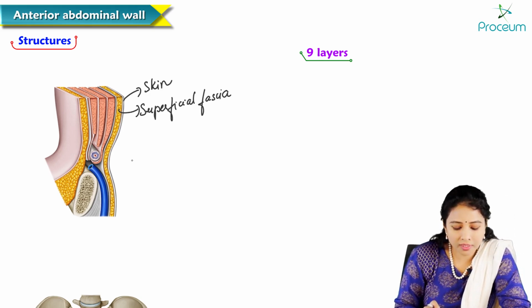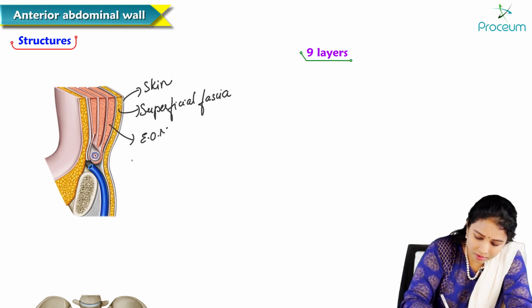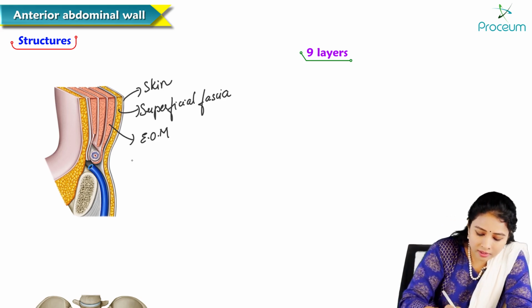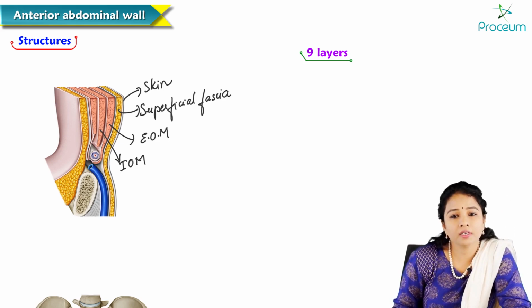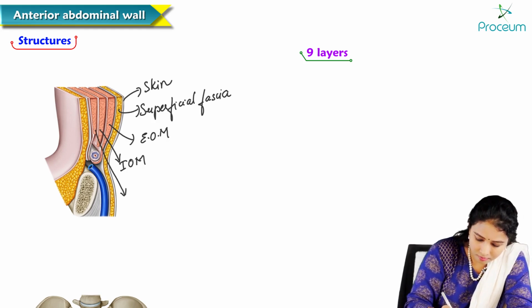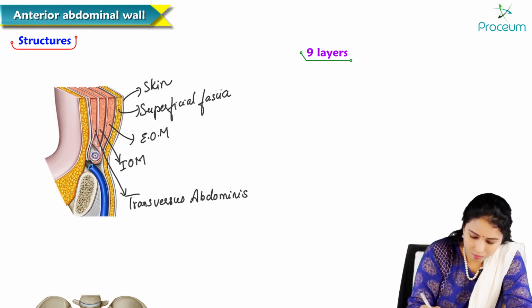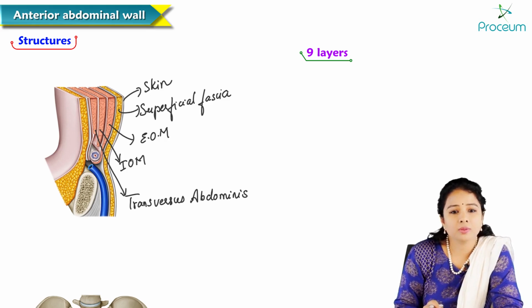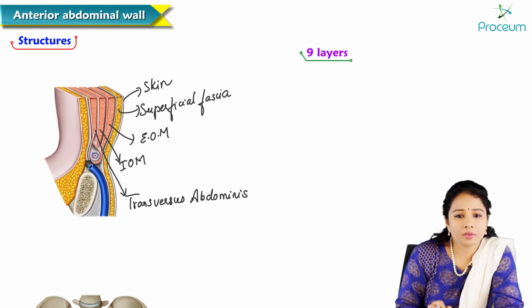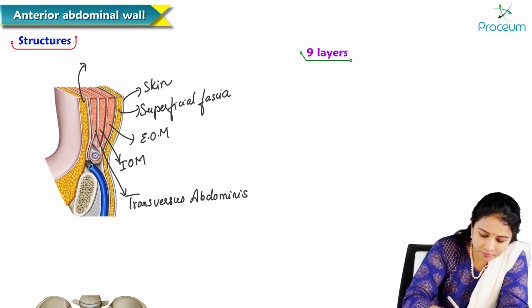And it is also formed by the external oblique muscle. Deep to external oblique muscle is internal oblique muscle. Deep to internal oblique muscle is the transversus abdominis muscle. And deep to the transversus abdominis muscle is periperitoneal adipose tissue or extraperitoneal adipose tissue.